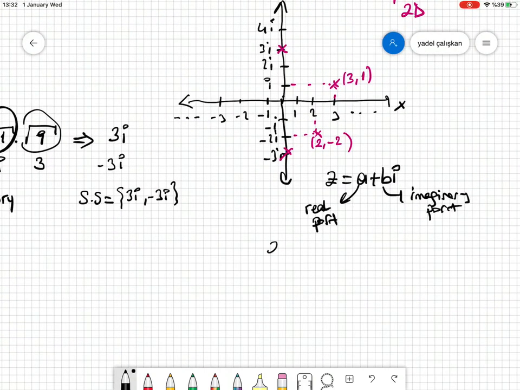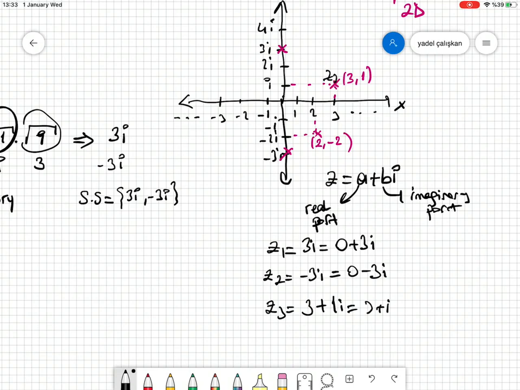Now for numbers, for example, z1 is 3i, that is 0 plus 3i, real part 0 and imaginary part 3. z2 is minus 3i, 0 minus 3i, real part 0, imaginary part minus 3. z3 can be 3 plus 1i, 3 plus i. z4 is 2 minus 2i, real part 2, imaginary part minus 2.